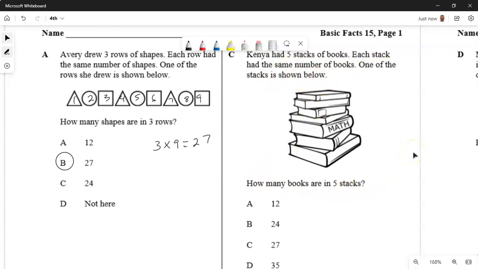So we'll figure out how many books there are here. 1, 2, 3, 4, 5, 6, 7 books. If there's 5 stacks, that'd be 5 times 7. And 5 times 7 equals 35. Answer choice D. And question D now. We're going to look at that.